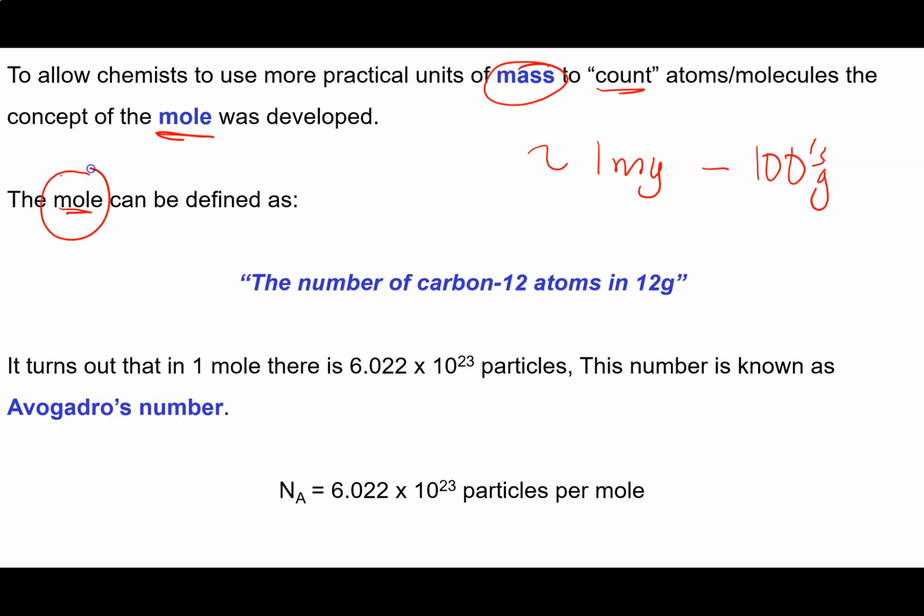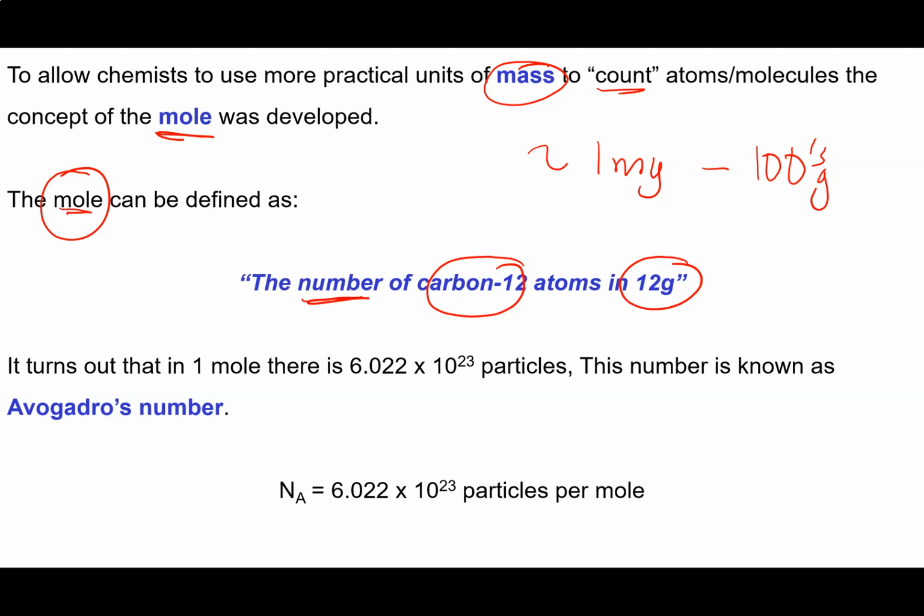So what is a mole? Well, a mole is pretty simple. It's the number of carbon-12 atoms in 12 grams. So why did we choose this number instead of, say, the dozen of 12? Well, we chose this number because it really makes a lot of sense.